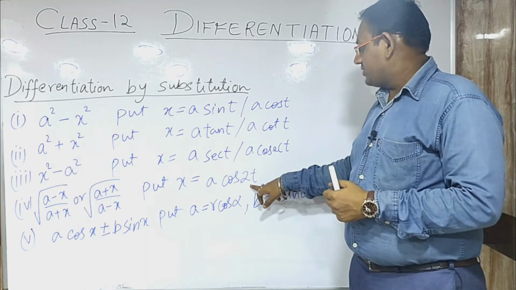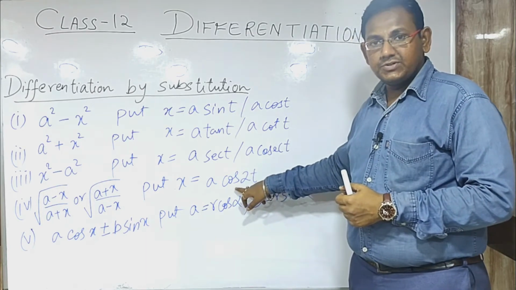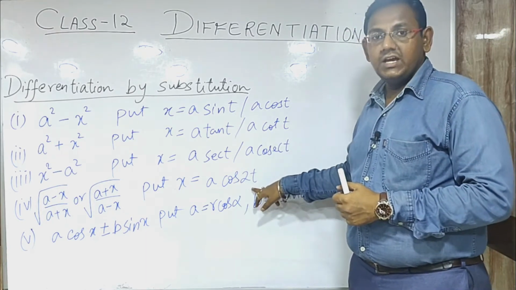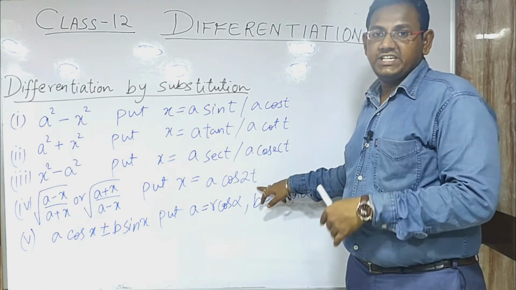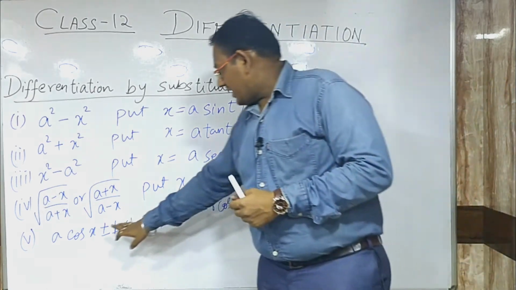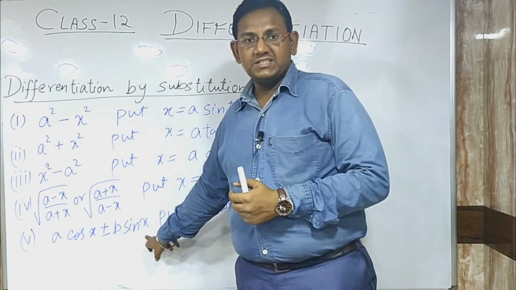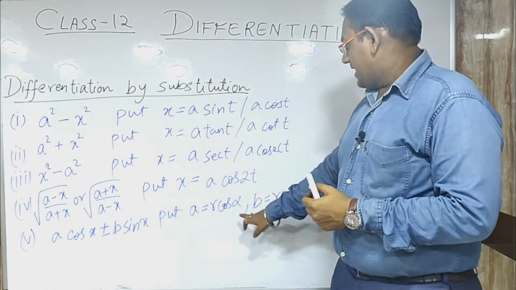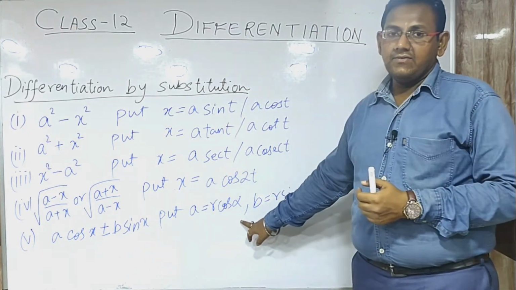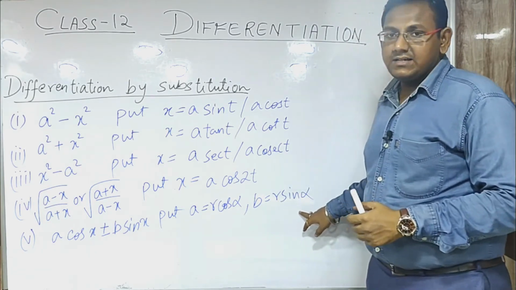In some cases you might see that instead of a cos 2t, we substitute a cos t. And in the last one, a cos x plus minus b sin x, we are going to substitute the value of a as r cos alpha and the value of b as r sin alpha.